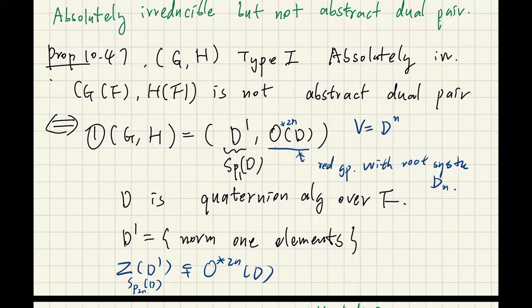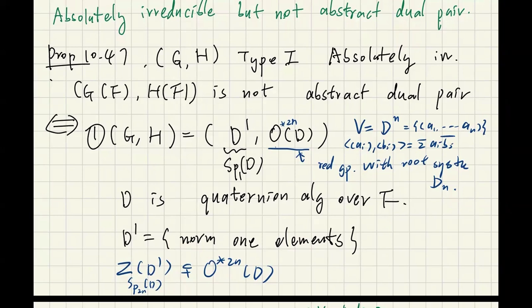Wait, is it symmetric or skew symmetric? I think you should take the Hermitian form on D^n. For example, you can think of this as a collection of a_1 to a_n, and then you can take the pairing of a and b to be the summation of a_i times b_i bar, where bar is the quaternionic principal involution on the quaternion.